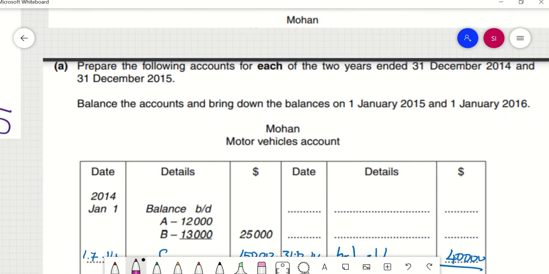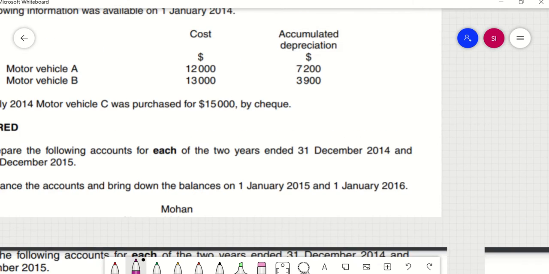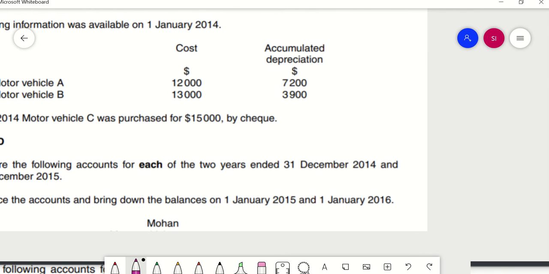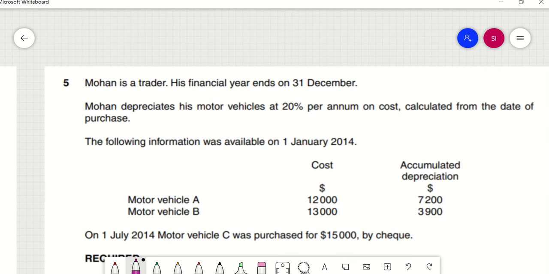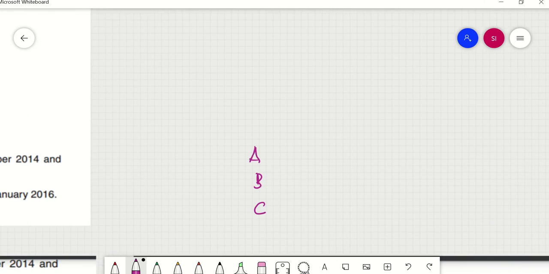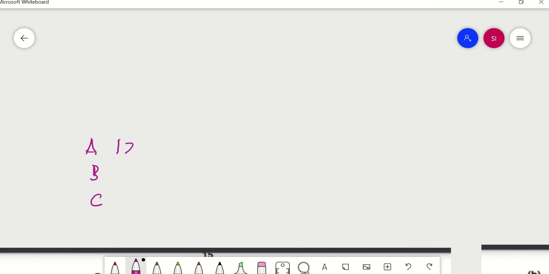Let me take the cost. The cost is 12,000, 13,000, and the depreciation is 20%. And this one is 15,000. And we are calculating 20% for each one of them.